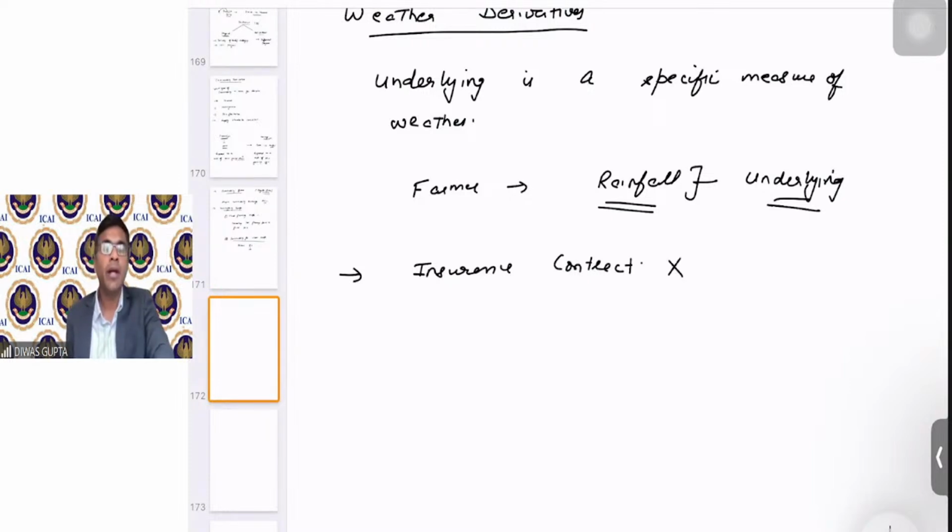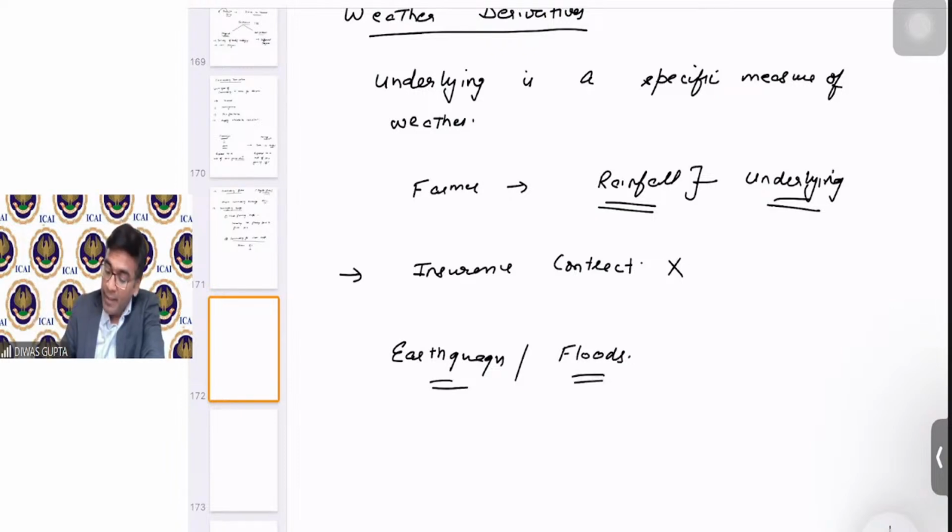See, in the insurance contract, what happens? The insurance company says that if there is an earthquake, which is also one form of extreme weather, right? Or let's say if there are floods, which is also one form of extreme weather, then we will pay you whatever losses happened. Correct? This is an insurance contract.